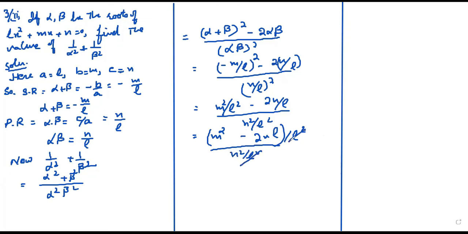This L square got cancelled with this. So we have M square minus 2NL divided by N square, which is our final answer.